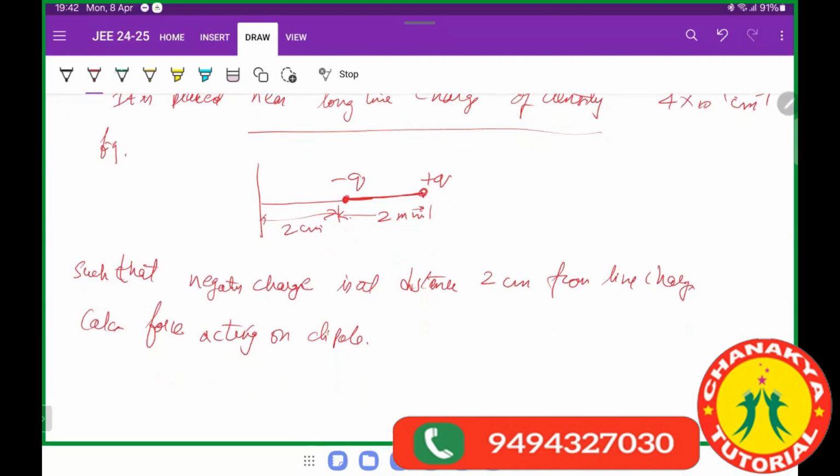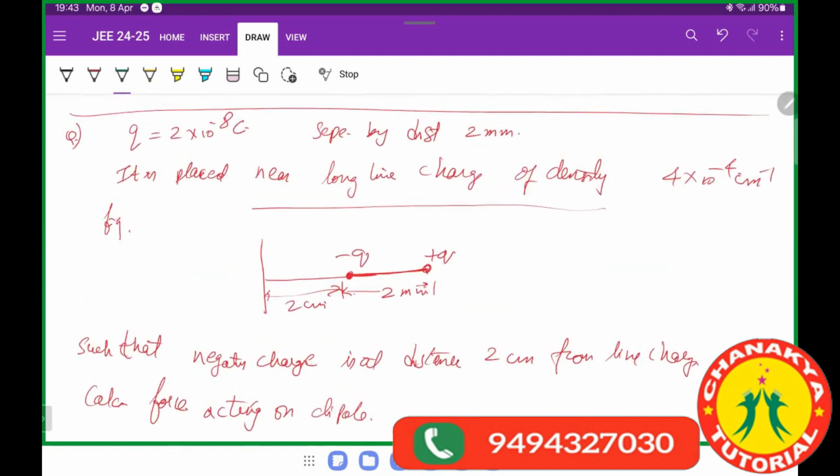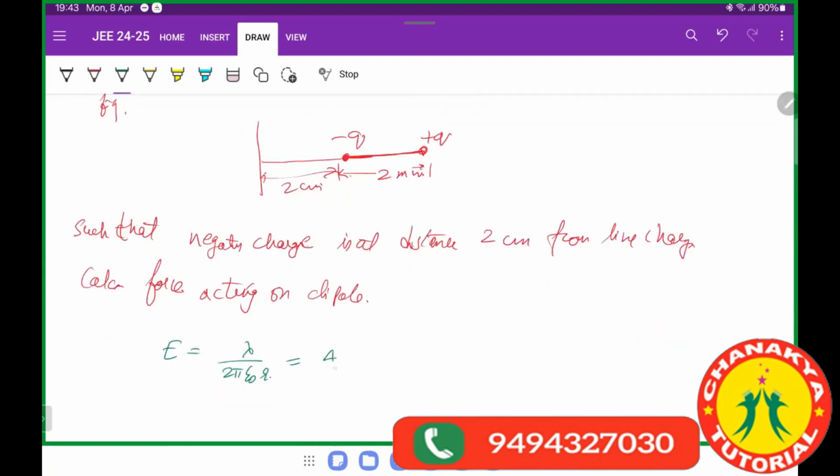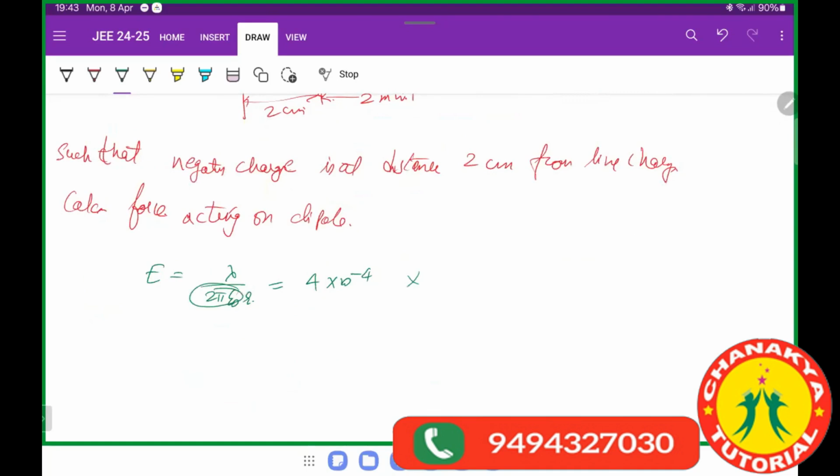So one formula we wrote yesterday: E equals lambda by 2 pi epsilon naught R. If we substitute everything here, we can get the line charge, 4 into 10 to power minus 4, into... we have 2 pi epsilon naught, but we know 1 by 4 pi epsilon naught is 9 into 10 to power 9.